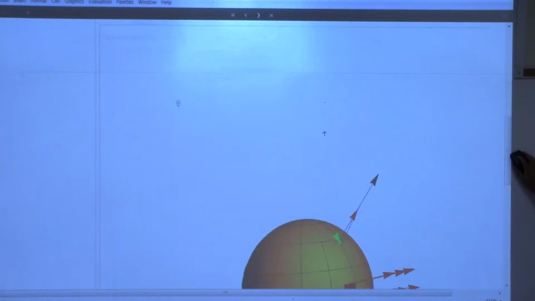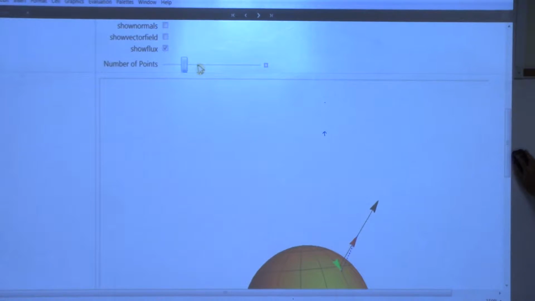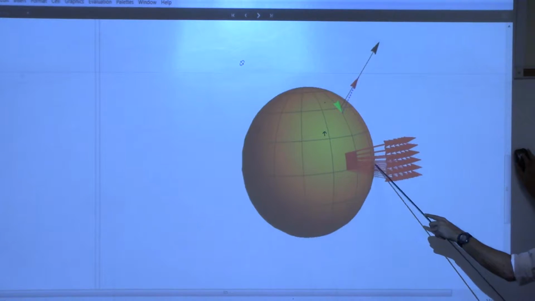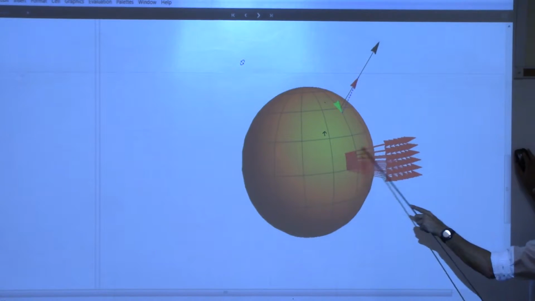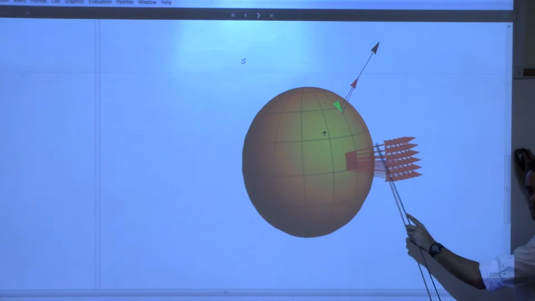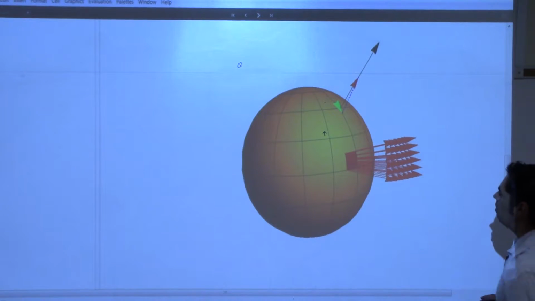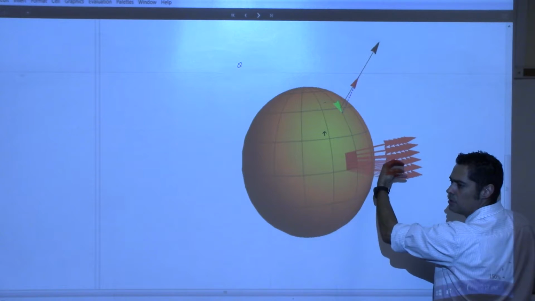And if I add them all up, and I get a bunch and a bunch and a bunch, right? Then I want to know like a measurement of all of this, right? And that's what flux is. It is a measurement of all these vectors coming out.